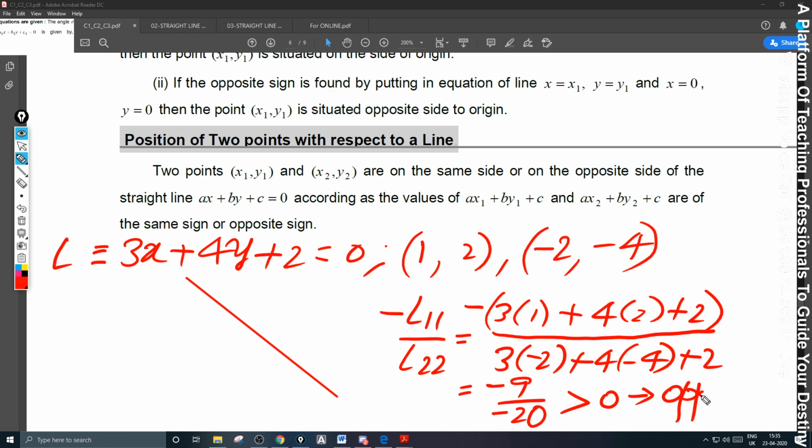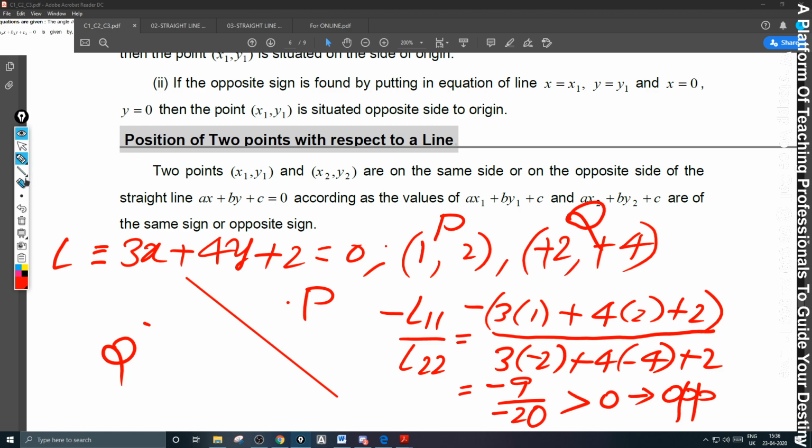When the ratio is positive, let me say this as P, this as Q, then one point P lies above the line, the other point lies below the line, so P and Q lie on opposite sides of it. This is the concept. And as you said previously, if I take the points as plus 2, plus 4, what happens? The entire denominator becomes positive.